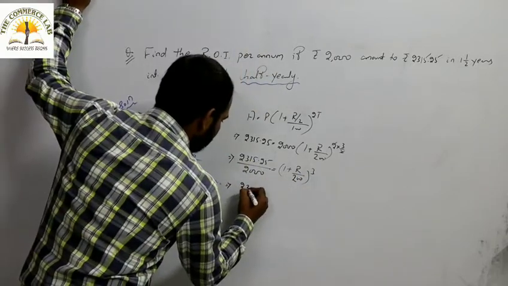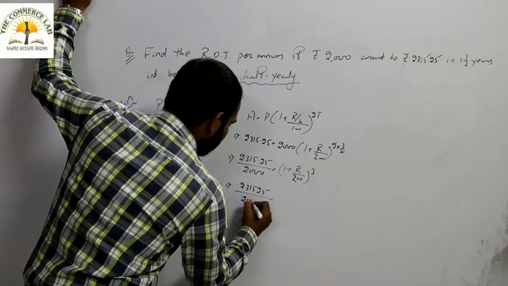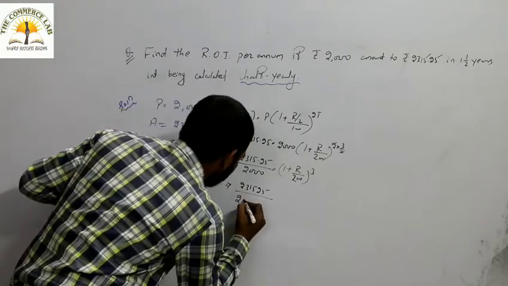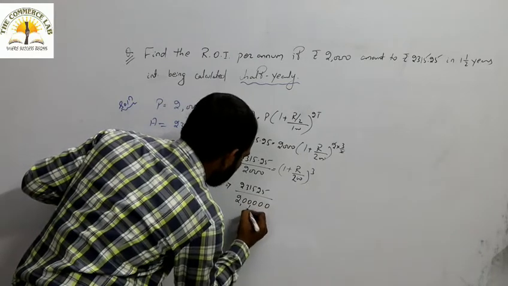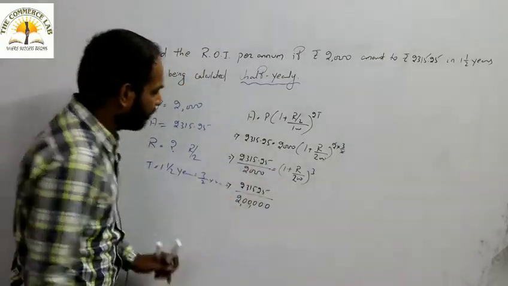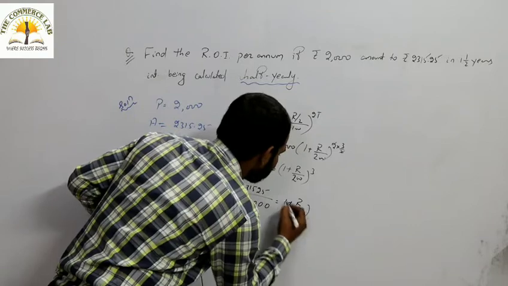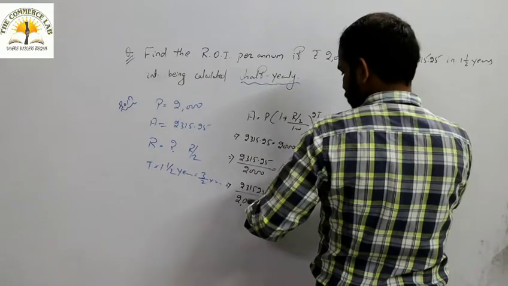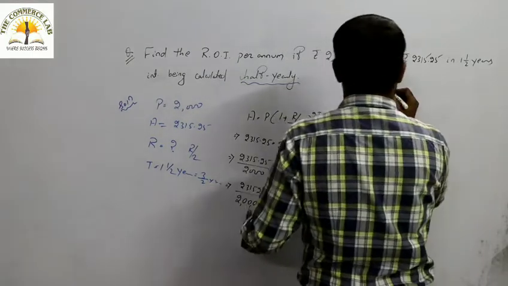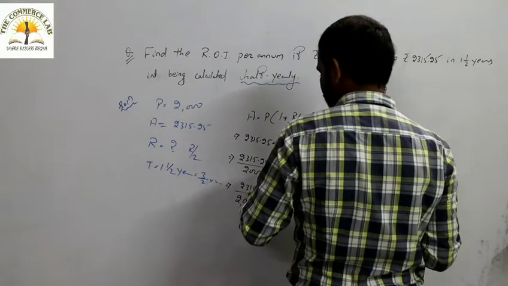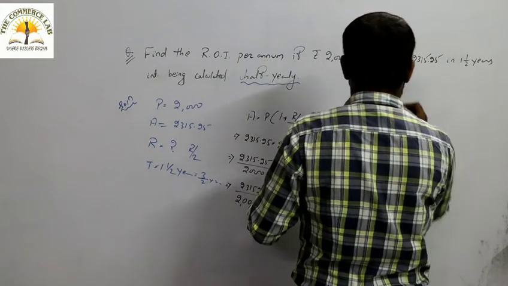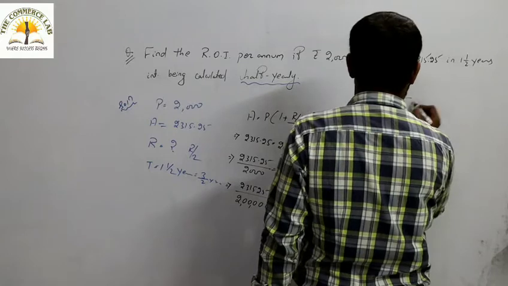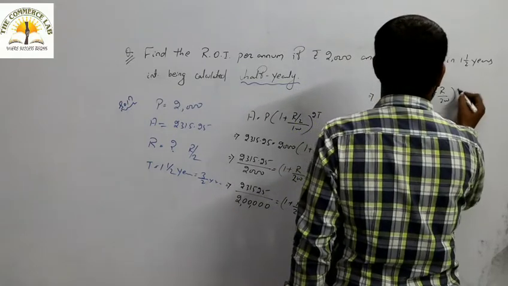So this implies 231525 by 200000, with the decimal point, is equal to 1 plus R by 200 to the power 3. Simplifying, this is 9261 by 8000, which is equal to 1 plus R by 200 to the power 3.